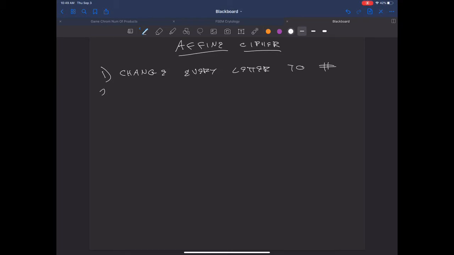The second step was we added the shift key to each of those numbers. Essentially, we shift all the letters by the key. And we do this mod 26 so that we can wrap Z all the way around back to A. All right, and then step 3 is we change all of the numbers back to letters.